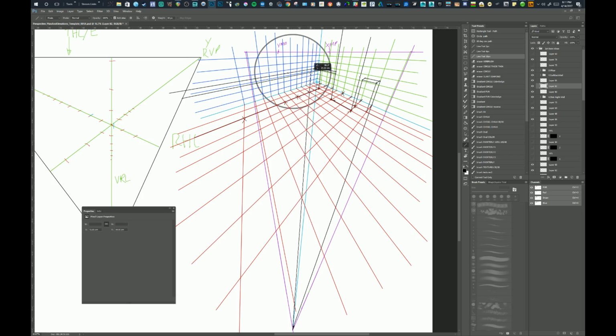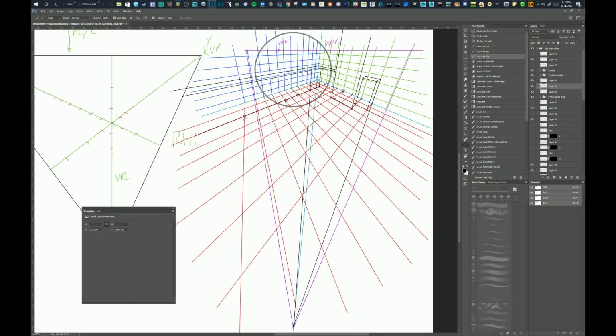So each one of those ticks, we'll just trace that up. And where they meet the next level, that is where they cross that next line. That is where we'll go back in space. Do the same thing over here.